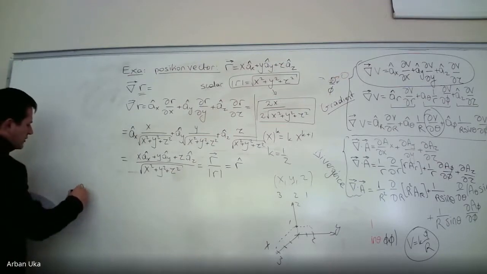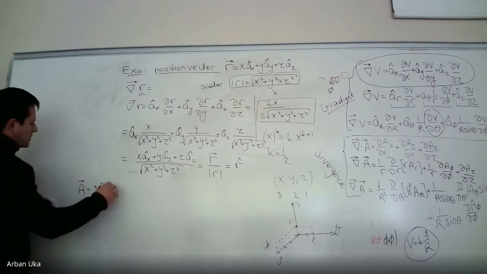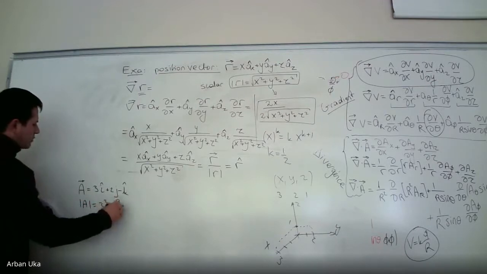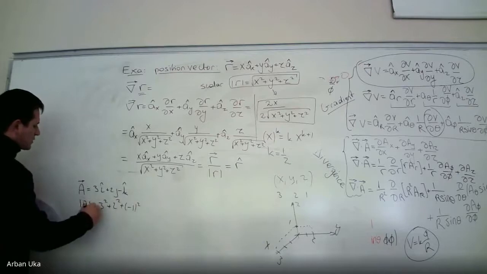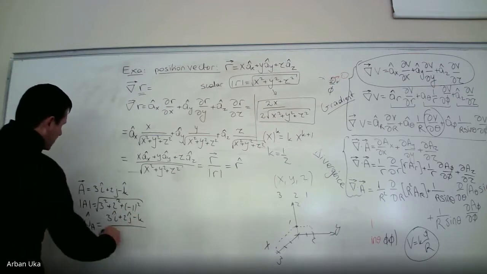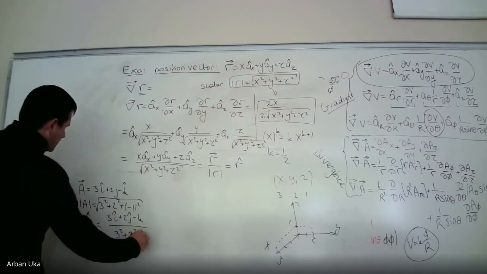Okay. And as a reminder, we can use this part of the board. I just want to remind everyone that for any vector A, which is 3i plus 2j minus k, the magnitude of A is equal to the square root of 3 squared plus 2 squared plus minus 1 squared, and the unit vector u along the vector A should be equal to 3i plus 2j minus k divided by the square root of 3 squared plus 2 squared plus minus 1 squared.